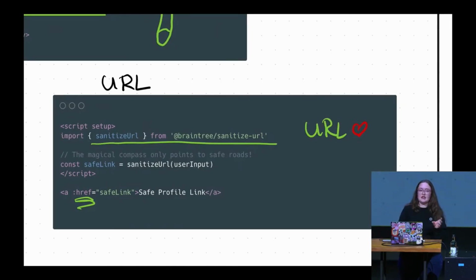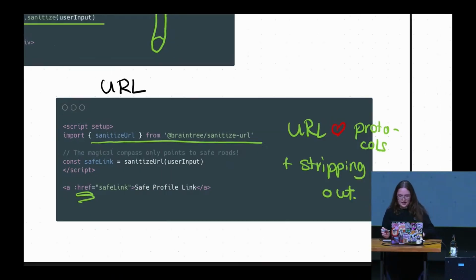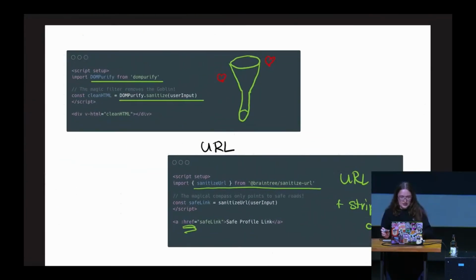So if it's not HTTPS, HTTP, or mailto, it will do sanitizing as well. So protocols. Okay, that's a little small. Plus stripping out everything which might be of risk. All right. So this is it when it comes to some edge cases.